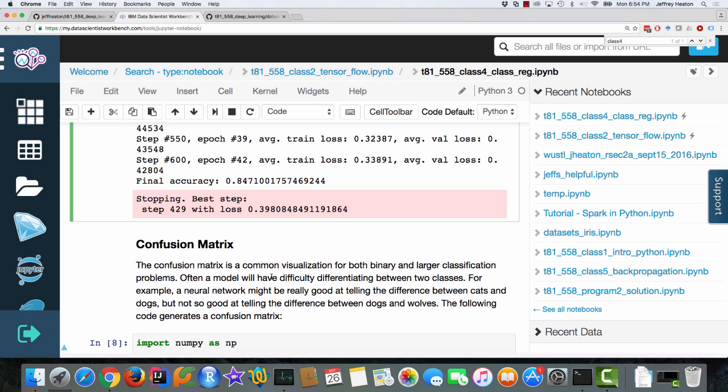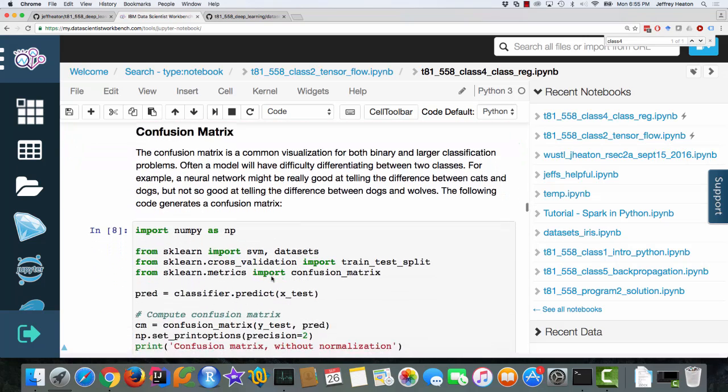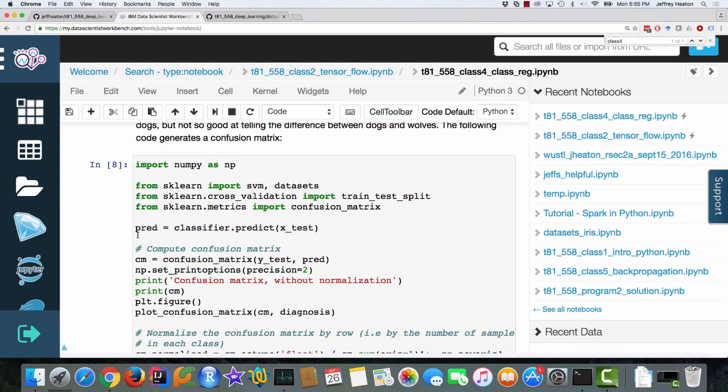So the confusion matrix. You can use a confusion matrix on any type of classification network. You can use one on a binary classification. It's pretty simple looking. So what I'm doing here is I'm calling classifier.predict.